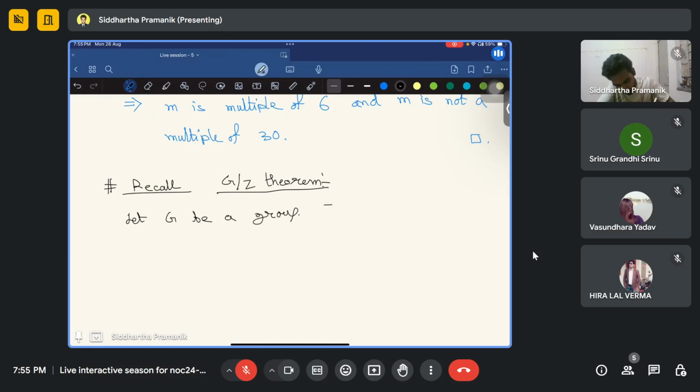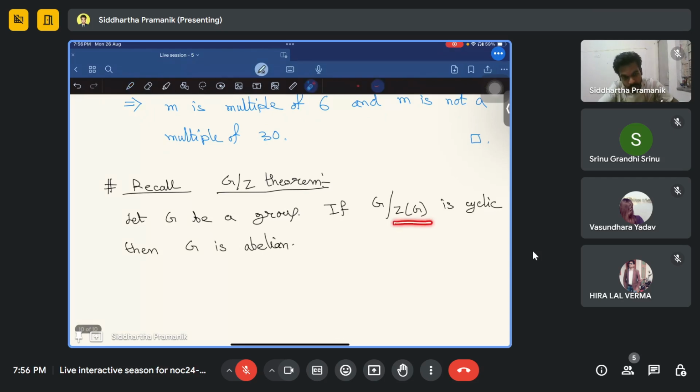Now if the quotient group G mod ZG is cyclic, then the group G has to be abelian. Remember, ZG is the center of the group. So if G mod ZG is a cyclic group, then G has to be abelian.